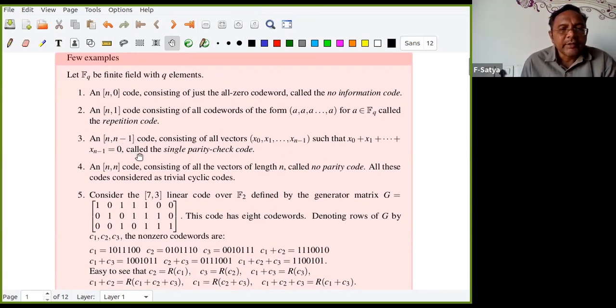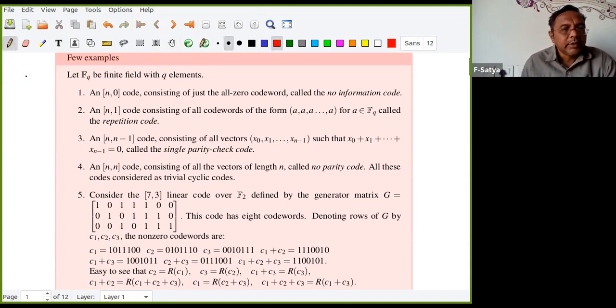Because, if I take the binary case in particular, all even weight vectors will be there, whose dimension is exactly n minus 1. Now if I shift, that is also even weight, but the code contains all even weight vectors. So then it is again a cyclic code.